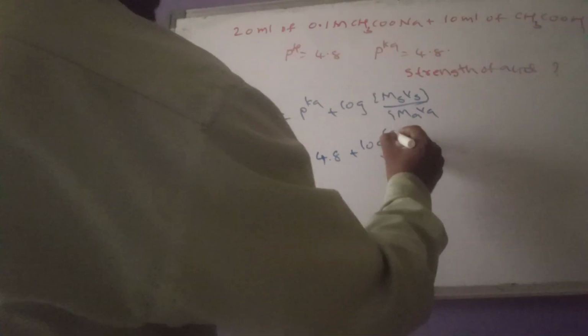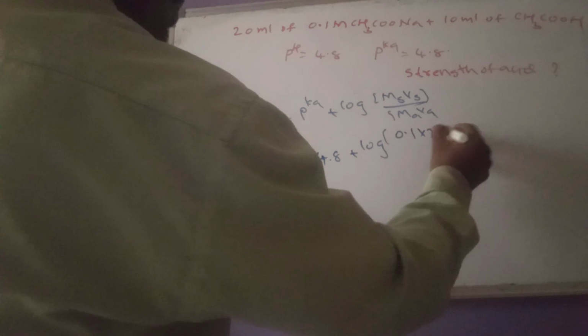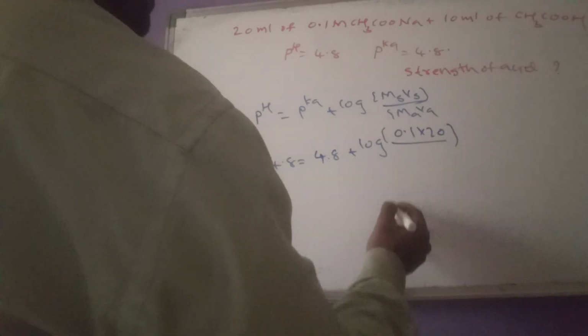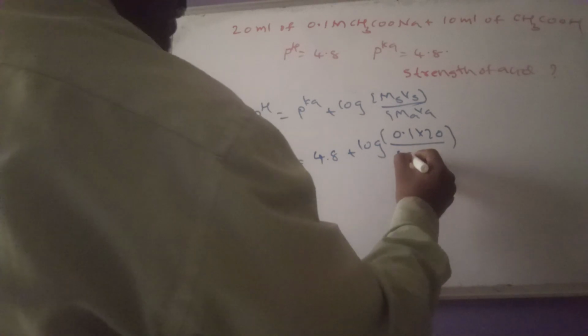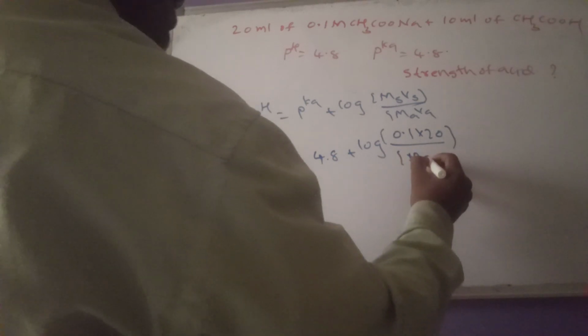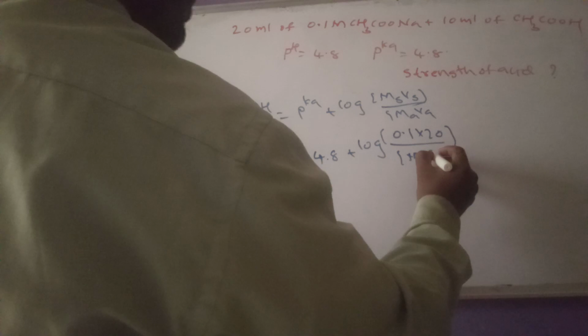That is 0.1 M. So 0.1 into 20 divided by, and this is also given, how much? 10 ml, but the strength we have to calculate. So now Ma into which one?